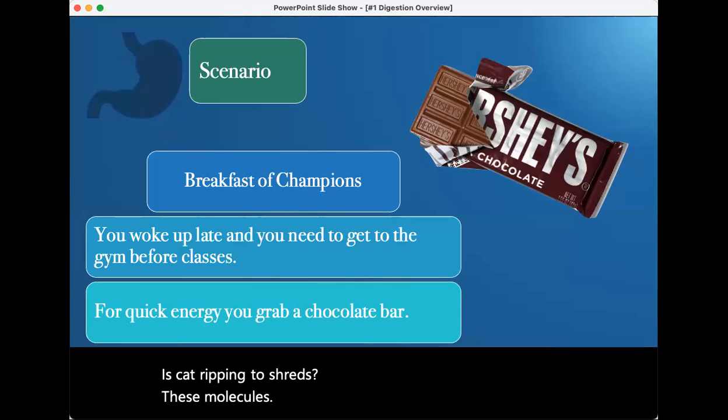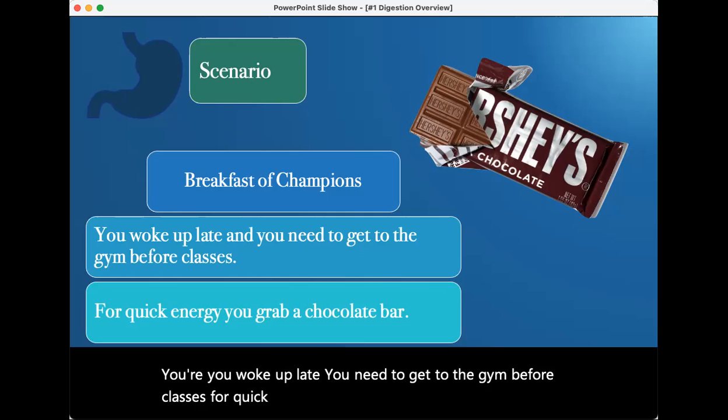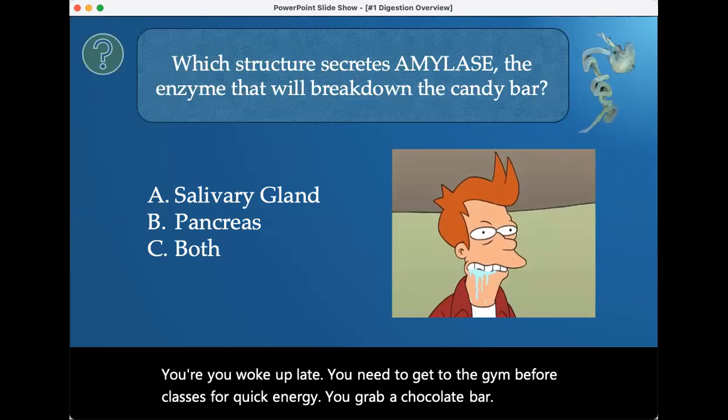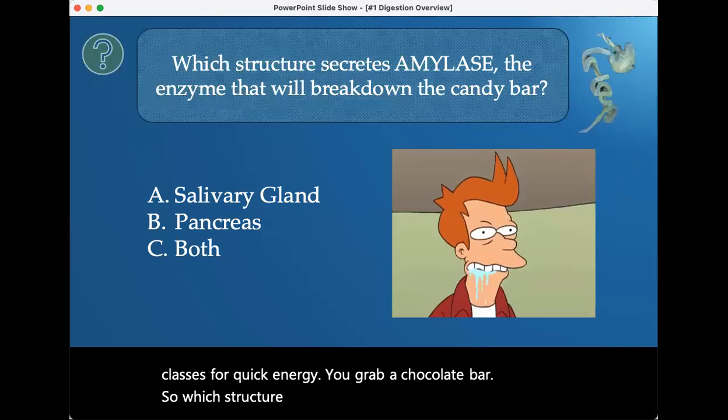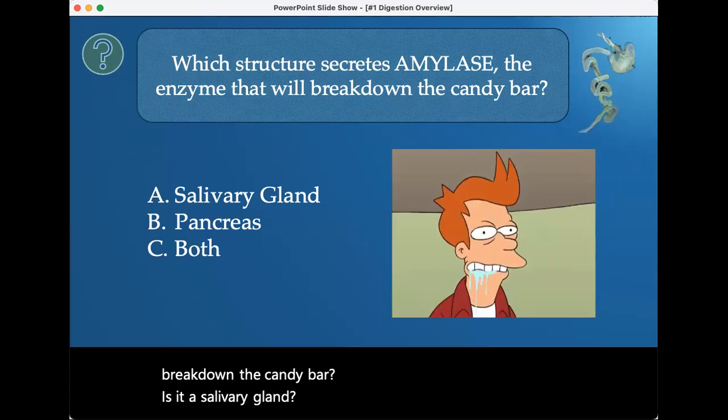So the first scenario, you woke up late, you need to get to the gym before classes. For quick energy, you grab a chocolate bar. So which structure secretes amylase, the enzyme that will break down the candy bar? Is it a salivary gland, the pancreas, or both?